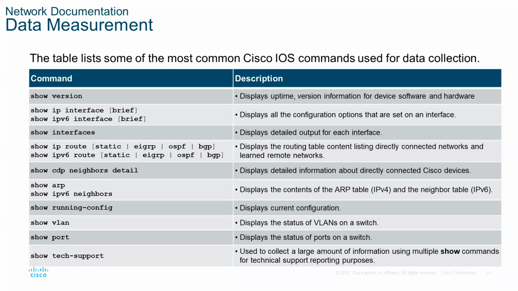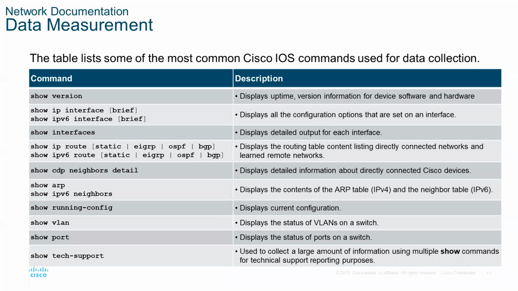Your layer 2 discovery protocols, so CDP or LLDP, will give you directly connected devices, so you can build up any gaps in your topology diagrams. Your ARP and neighbor tables will also help you understand how your devices are communicating with each other.